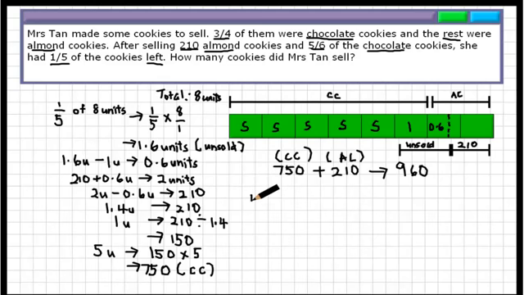So your statement would be Mrs. Tan sold 960 cookies.